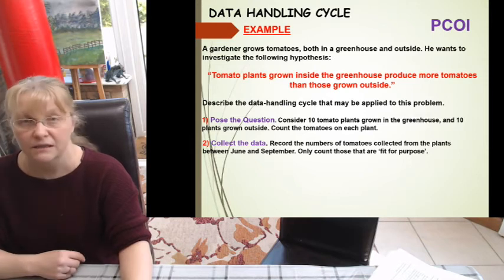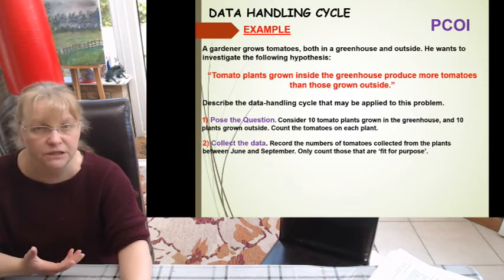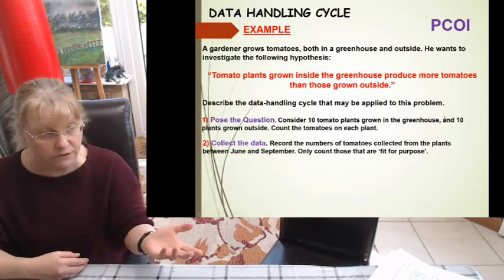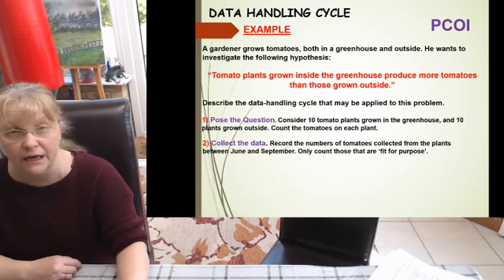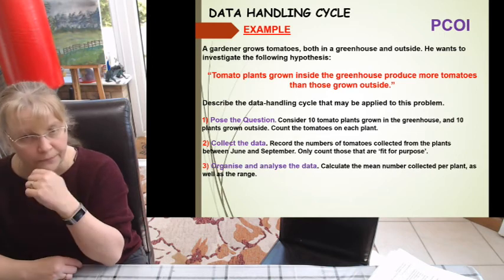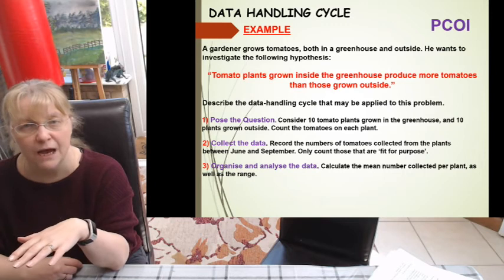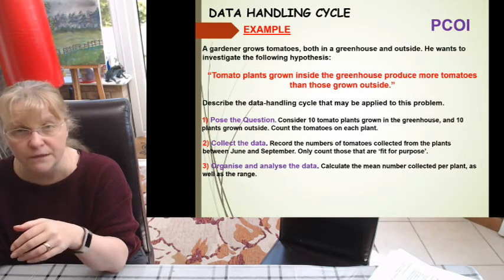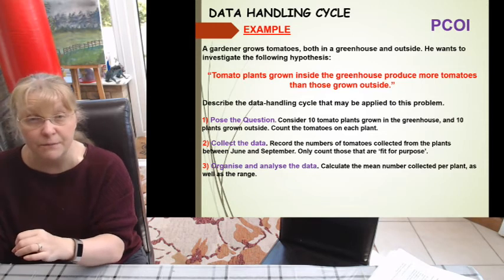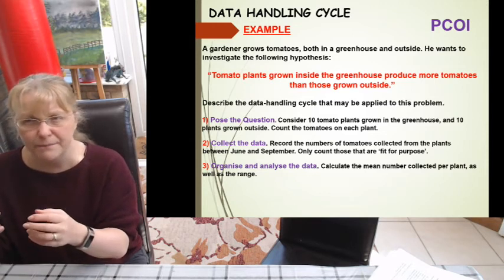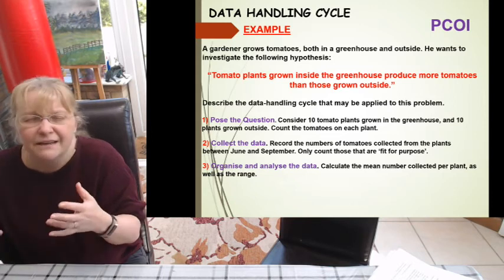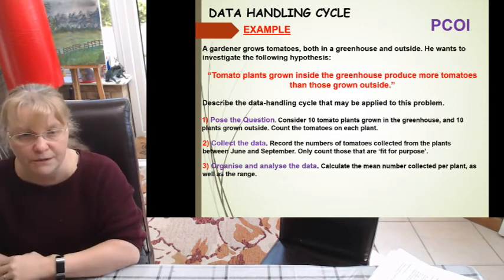Basically, I'll say I'm going to collect the tomatoes between June and September, and I'm going to count how many tomatoes I collect from those in the greenhouse and how many tomatoes I collect from those outside. And also, when we're collecting the tomatoes, I'm also saying those fit for purpose. So the little tiny green things that aren't developing, it's not fit for purpose. Or if they don't develop right or any other things, they're not fit for purpose.